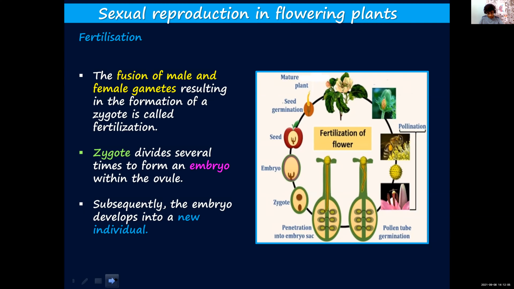Fusion of male and female gametes to form a zygote is fertilization. Zygote undergoes repeated divisions and forms an embryo, and from this embryo, the new individual will be formed.